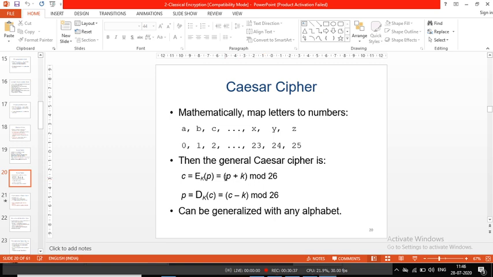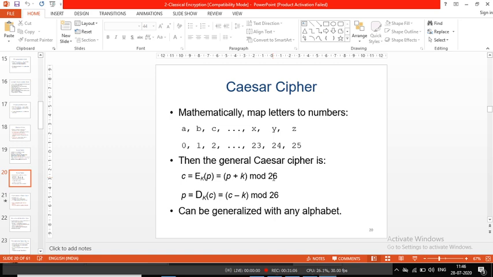For example, if the addition of P plus K is 28, then C is 28 mod 26. You divide 28 by 26. Now what will be the remainder? 2. So 2 will be the output for this mod 26 value. Are you clear with that?